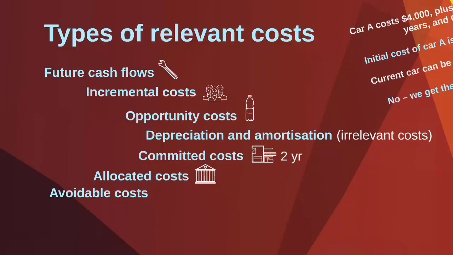Now, if we don't go ahead with that, we'll save all that money. Those costs won't be incurred by the business. In a sense, this is almost the opposite of opportunity cost, whereas opportunity cost is the costs that we incur as a result of taking resources off of something else and putting onto the new project. Avoidable costs are the costs that we save by not taking on the new project.